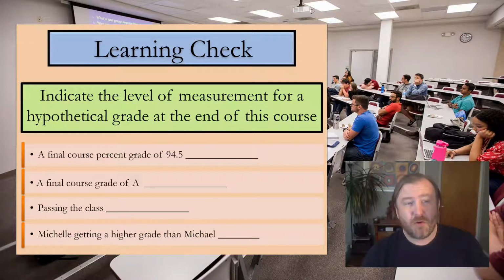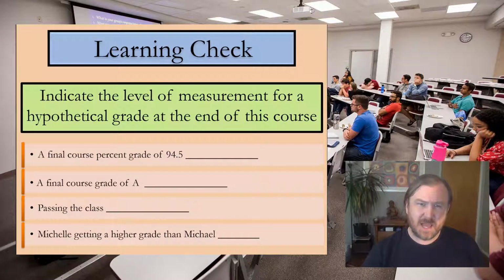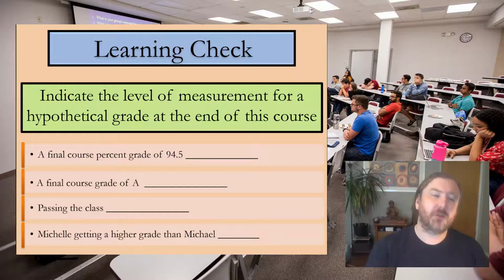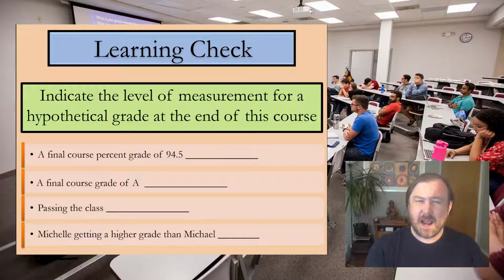Okay, a final course grade of A. Well, certainly, and we're assigning a letter to a value, so it's going to be nominal in that sense, but it also carries an inherent sense of order.